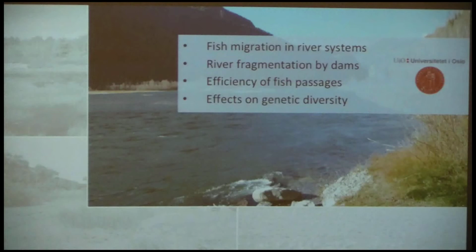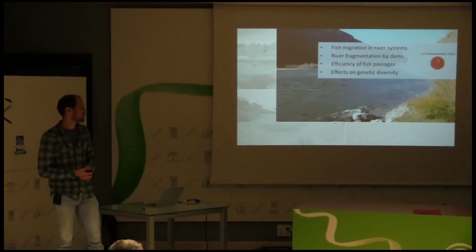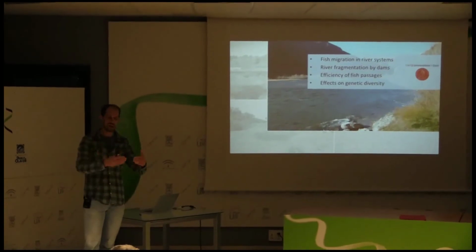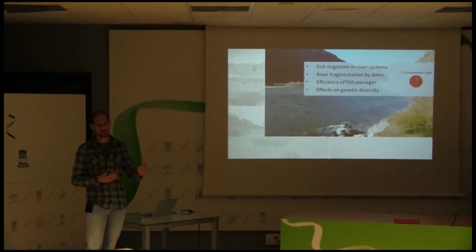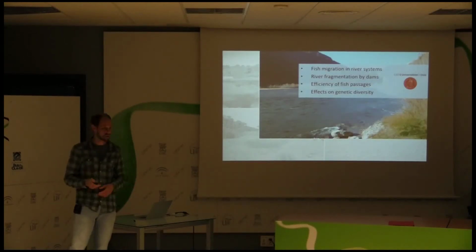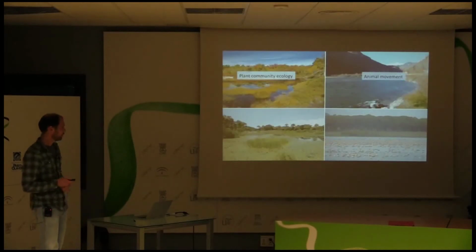So I did some work on how this river fragmentation is affecting the population genetics of migratory fish species and the efficiency of fish passages that we make when we realize the fish can no longer pass after we build a dam. Then you build a little stream on the side that the fish can still use. So this has to do with habitat fragmentation and animal movement.